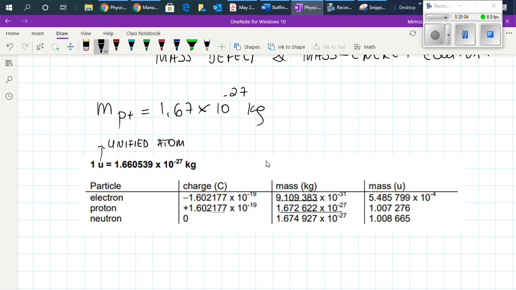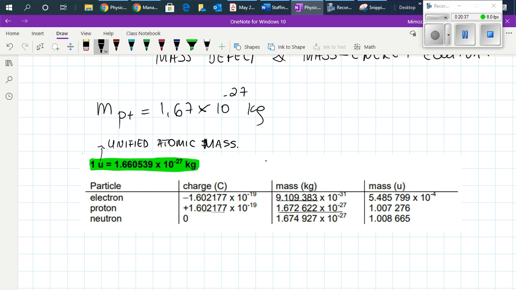The exact value of it, or the ratio used to evaluate it, is 1.660539 times 10 to the power of negative 27 kilograms. So it is nothing but 1/12 of the mass of the carbon-12 nucleus.